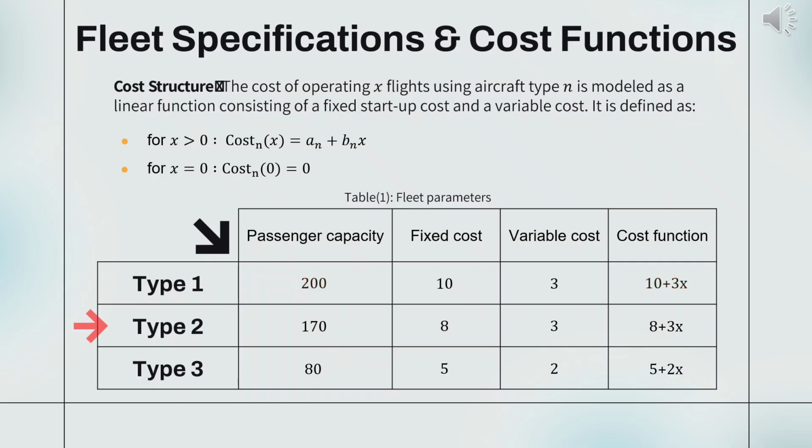The Type 2 aircraft has a capacity of 170 and a cost function of 8 plus 3x. Finally, the Type 3 aircraft, with a capacity of 80 passengers, has the most economical fixed cost, and its cost function is defined as 5 plus 2x. These parameters will form the basis of our recursive function calculations in the dynamic programming stages.